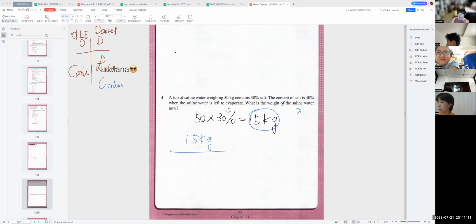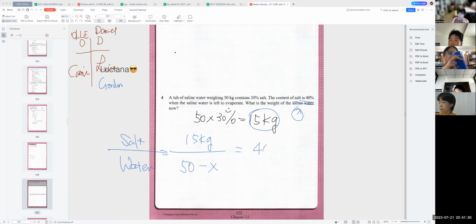So the percentage of salt equals salt divided by water, right? We know the salt is 15 kilograms, it's not changed, but the water has been reduced. So how much has been reduced? X. So 50 minus X equals 40%.